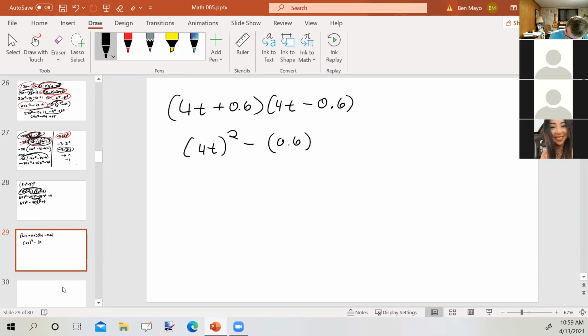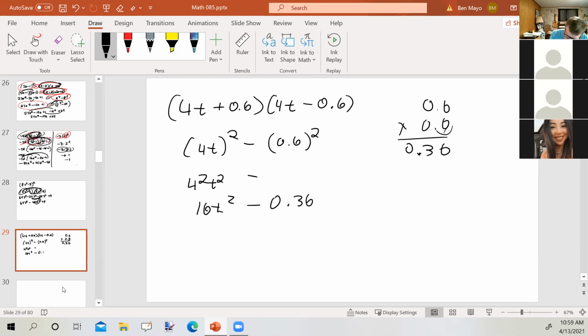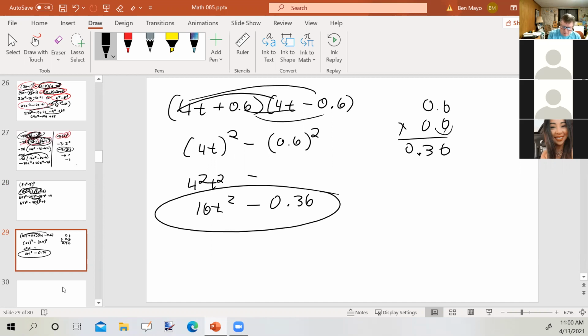So it's going to be that. 4t, the quantity squared, is 4 squared t squared, or 16t squared. 0.6 times 0.6 would be, let's see, 36, move over 2 places, so that would be 0.36, or minus 0.36. And again, you could do this by just regular FOIL if you don't want to apply the shortcut, if you're uncomfortable with that idea yet.